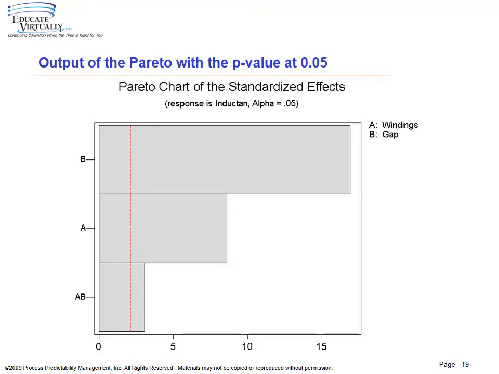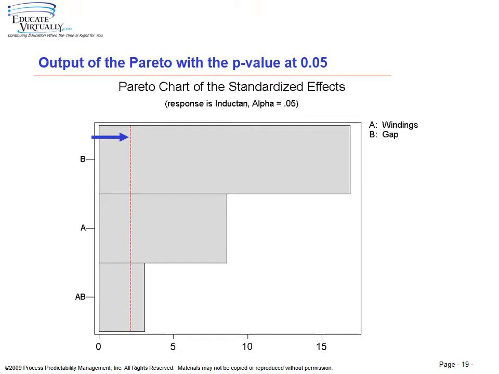Here we have the effects plot Pareto. You'll see that we have factor B followed by A and the AB interaction. They are in order of the strength of their relationships to the values of inductance changing when we changed between level settings. The dotted red line is associated with the fact that we said that our alpha is 0.05.